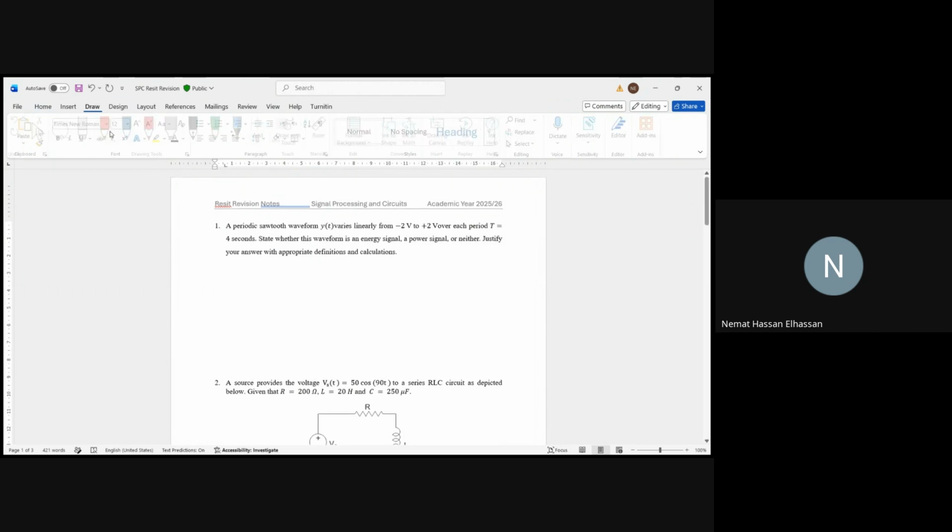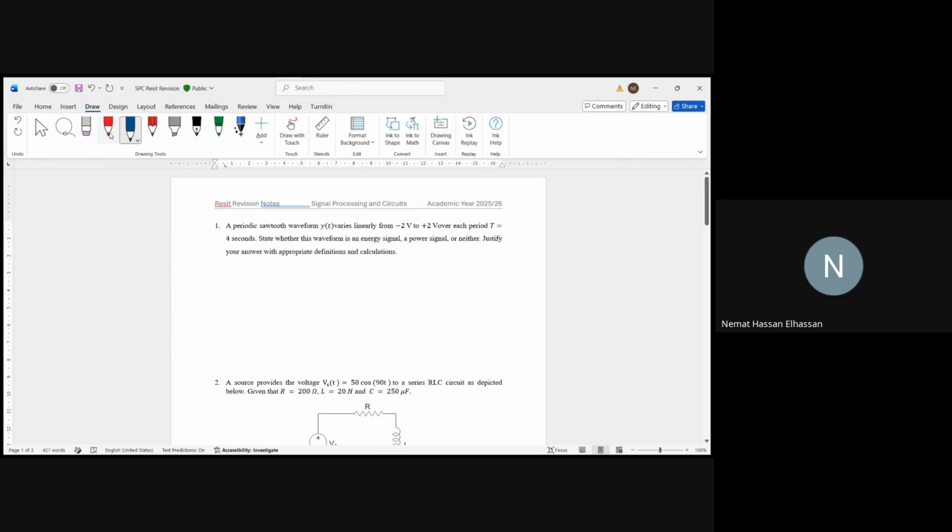So the first thing to do here is visualize the signal to identify what type of signal it is. We said it linearly varies from minus 2 to positive 2, which means if I plot it, let's say this is my y of t, and this is my time, it goes from minus 2 to positive 2 over a period of 4 seconds.